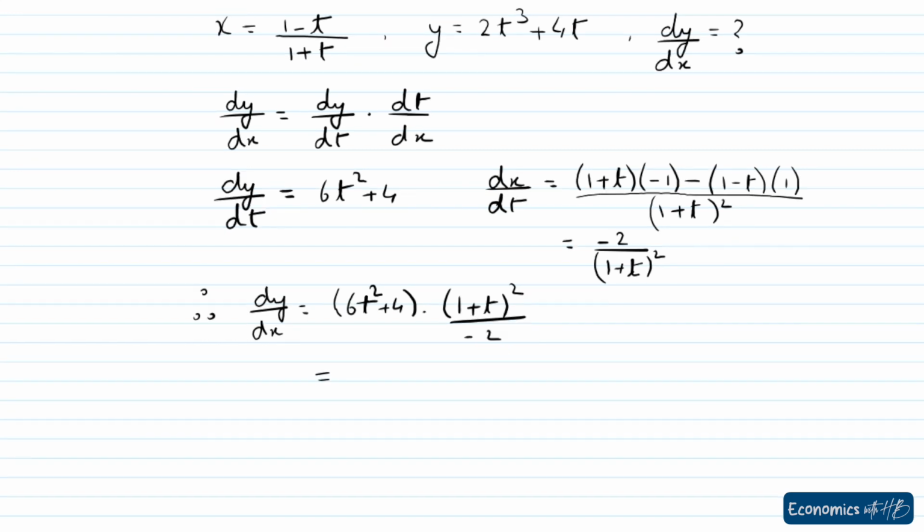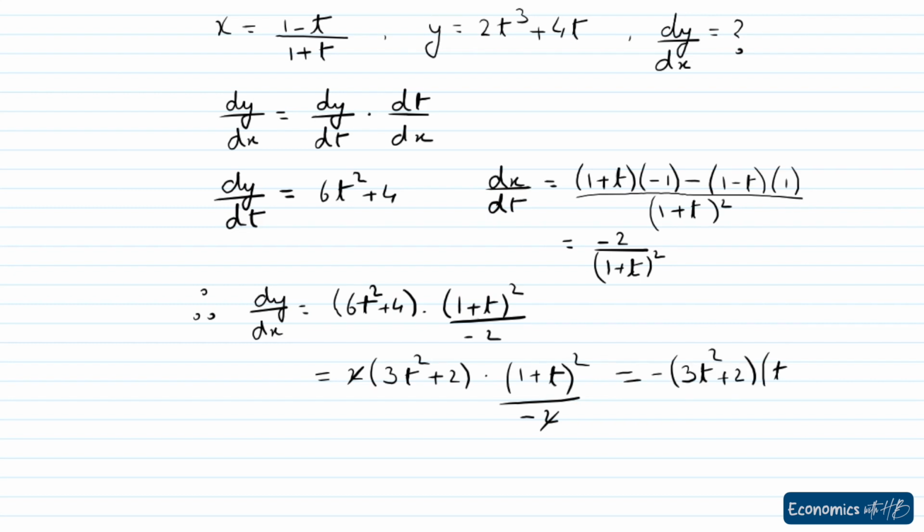When we simplify it, we take 2 outside: 2 into 3t square plus 2, into 1 plus t whole square, by minus 2. 2 and 2 cancel out. So we get the final answer as minus 3t square plus 2 into t plus 1 whole square. This is the answer.